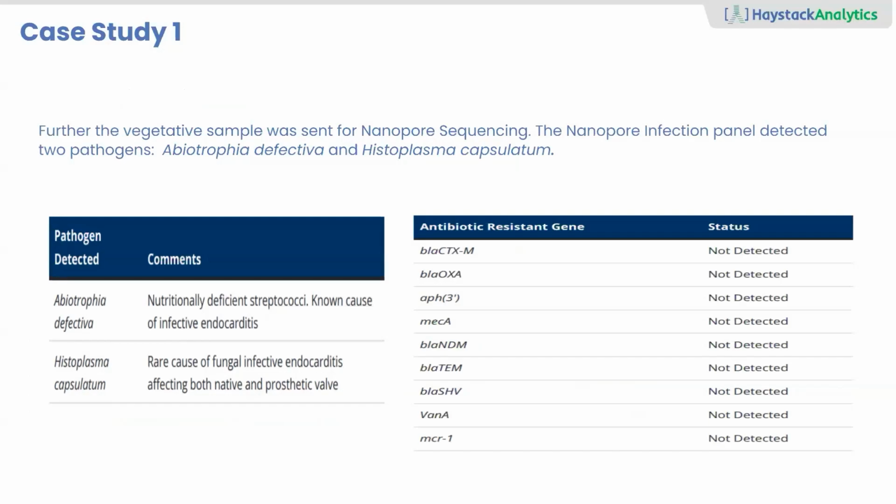The surgery was successful, but again the patient relapsed and had a lot of complications. So diagnosis is very important because we have to give a complete 6 weeks of treatment. That's why the endocarditis vegetation tissue showed Abiotrophia and Histoplasma.